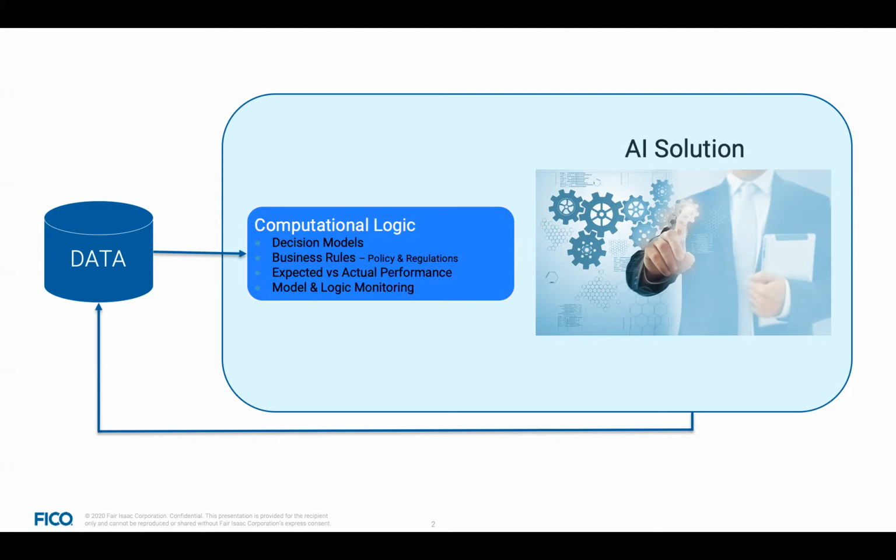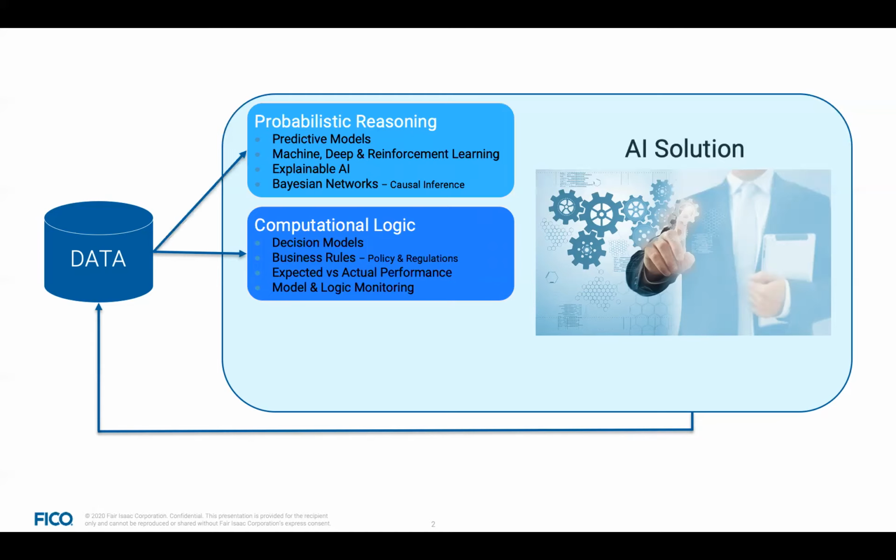Then with the actual logic or your computational capability, you also often have very specific UIs or interaction methods, like you want to check expected versus actual performance of your rules. You might want to monitor behavior. So these are typical application capabilities you have when you're dealing with computational logic or decision models in particular.